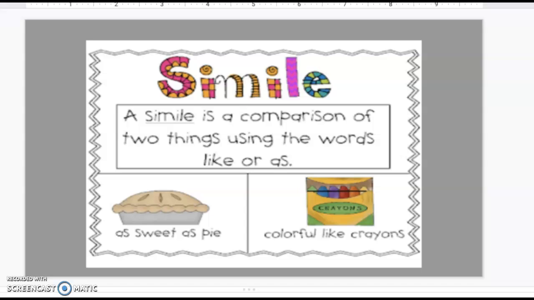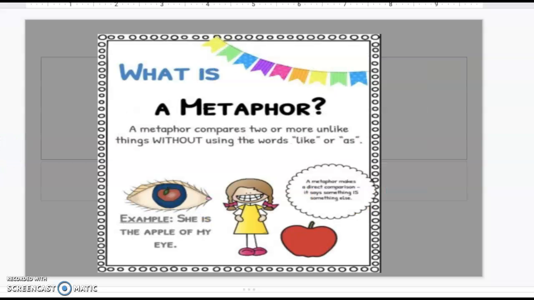The next one, colorful like crayons. The peacock is colorful like crayons. That's meaning that the peacock doesn't have a bunch of crayons on it. It just is a very colorful bird. Simile. So remember, similes use like or as. The next one we learned about was metaphor.